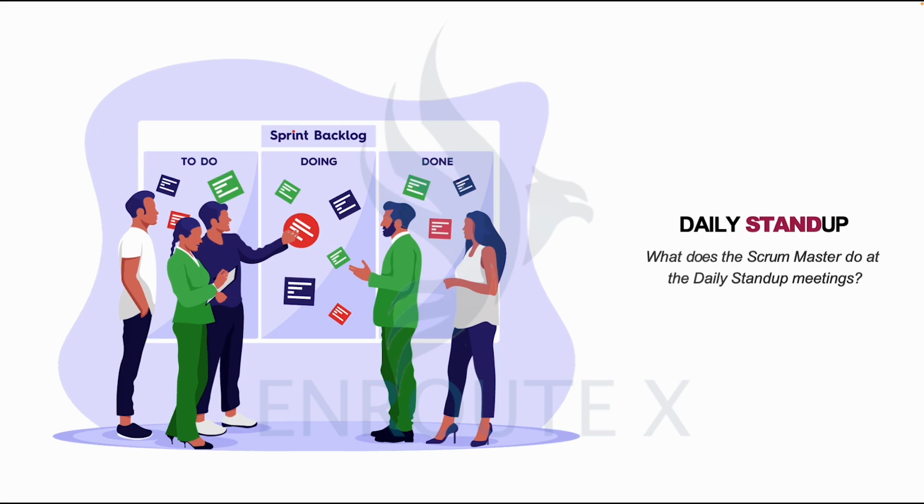So the daily stand-up itself, as a meeting, is for the development team. Is for the development team inspecting and adapting and engaging and ensuring transparency of their work. They are updating themselves. That's what happens during the daily stand-up.